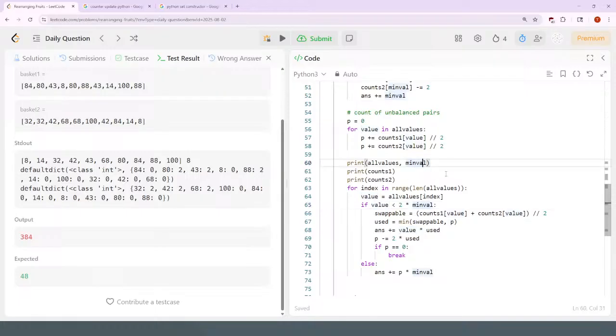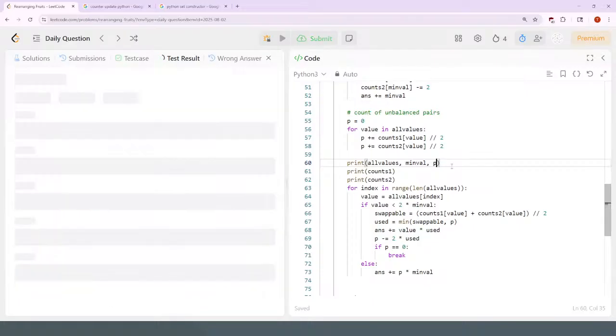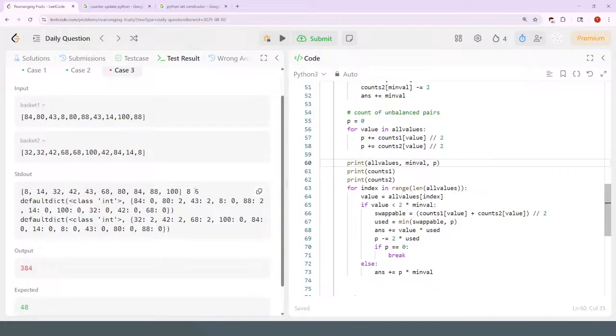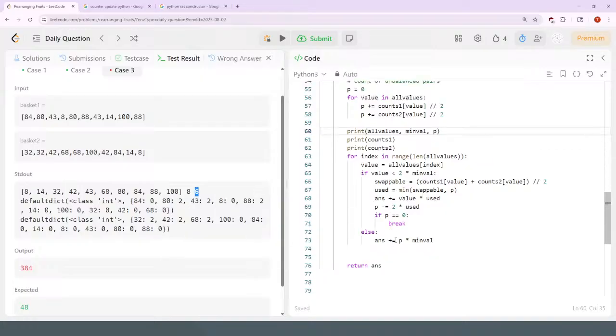Okay, what is P actually? Is P something really large? P is 6. P times min value should have been done pretty much.